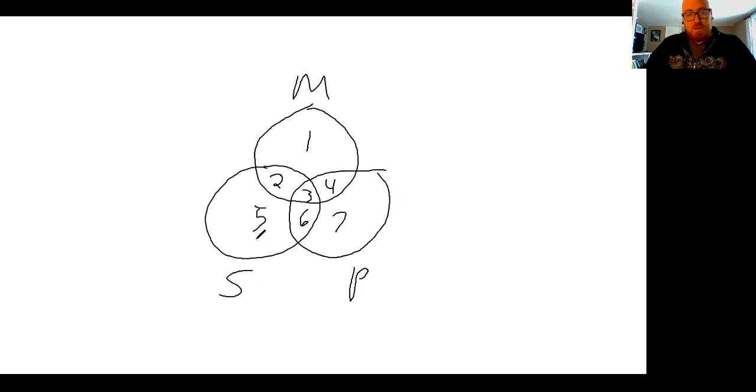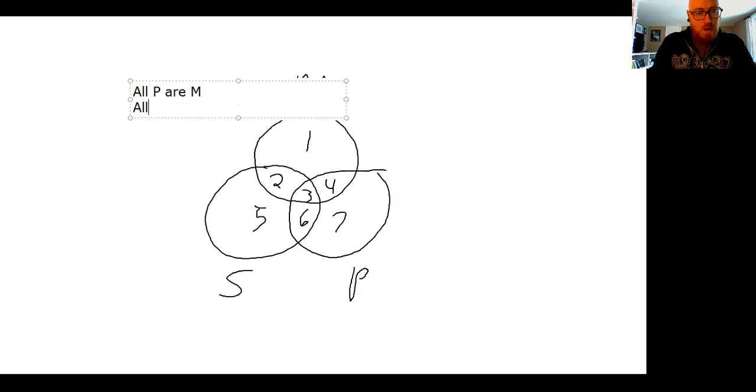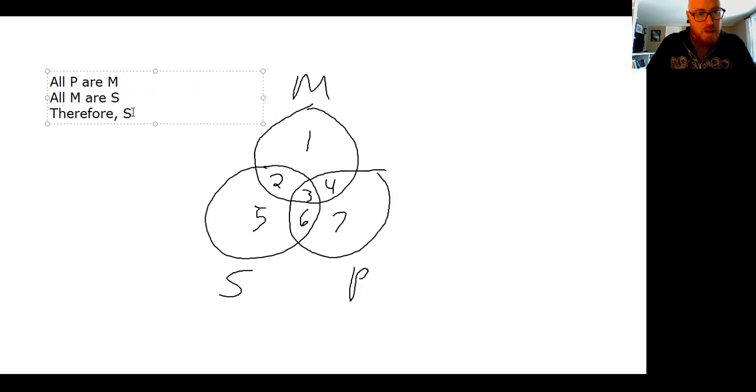Okay, now if it's helpful, when you're thinking about Venn diagrams and dealing with individual categorical propositions and understanding the various relationships, it helps to just focus on the two circles that you're talking about. So let me write a standard form syllogism here.